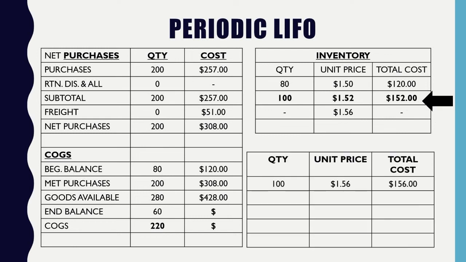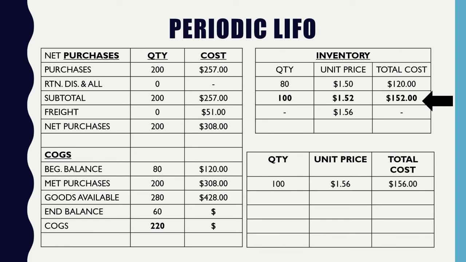So that's the very first thing that we're going to calculate: we're going to take out that whole 100 items, because we sold 220. So that entire 100 items at $1.56 is the first thing we take out. Then the next thing is, now we have two batches.